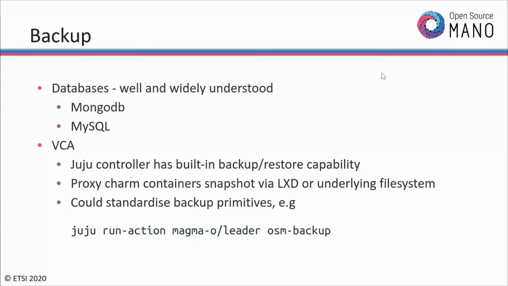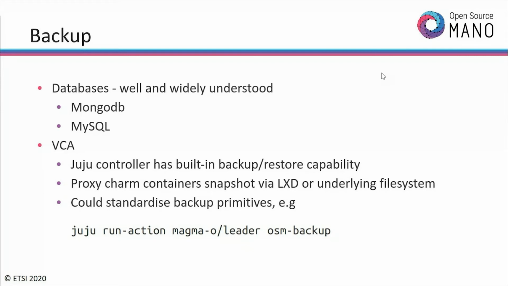The restore part is basically issuing another action that will just take the backup file and restore it onto Mongo or into MySQL, and that will depend on the charm that we are using.